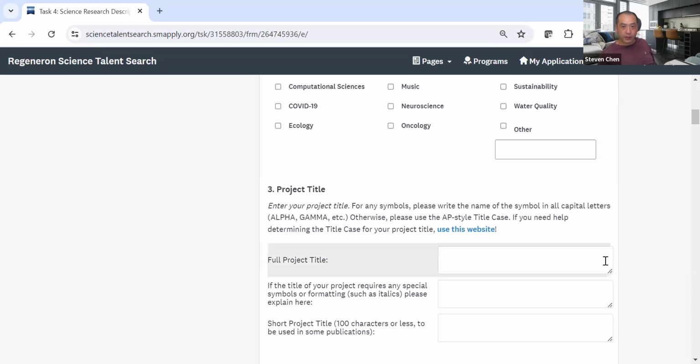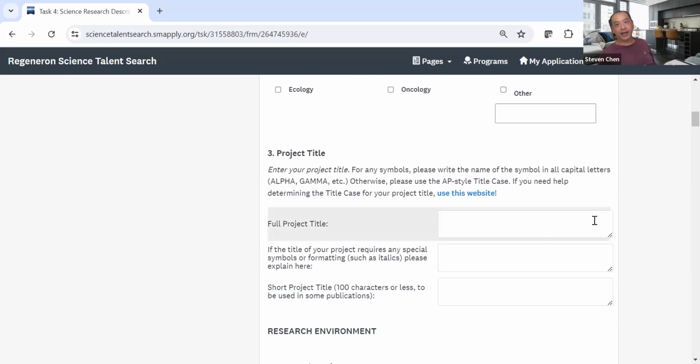The next one is the project title. Basically, this is the title of your research report. That's it. If there are special symbols, please explain what they mean. Typically, this happens when the title has math symbols. For instance, you have a math research paper, and you have some math symbols. So probably you have to explain them here.